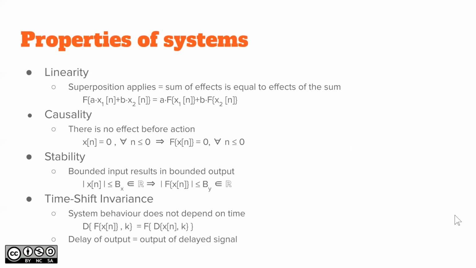So stability is quite an important property. In the analog domain, it means that the poles of the system are on the left-hand side of the complex S-plane. I think you have already gone through stability in analog systems in some of your electronics courses.